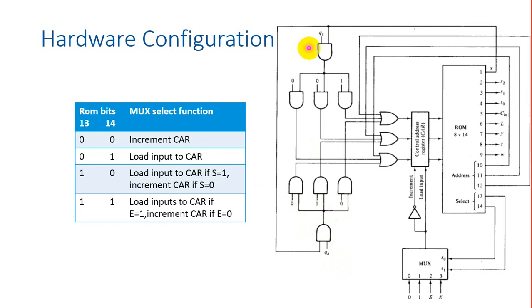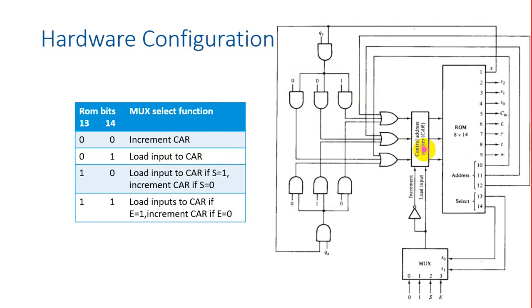And if QS equal to 1, that means if you want to perform the subtraction operation, go to T1. This is T1. 0, 0, 1 is T1. Now 0, 1, 0 is T2. So if it is subtraction operation, load input to the control address register. This input 0, 0, 1 will be loaded to the control address register so that you will go to address T1.